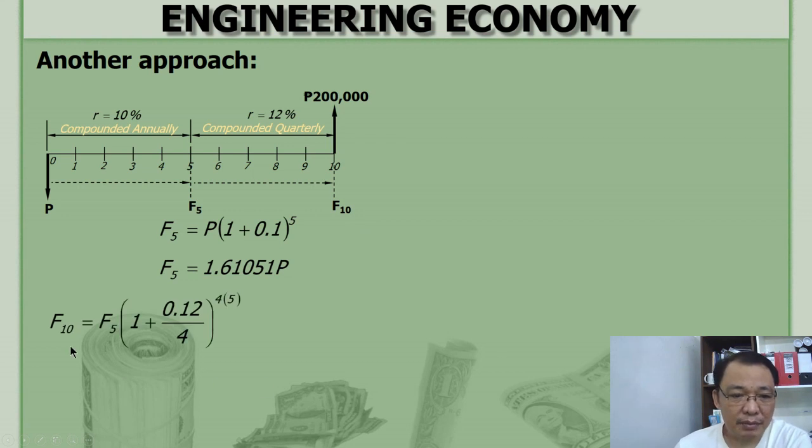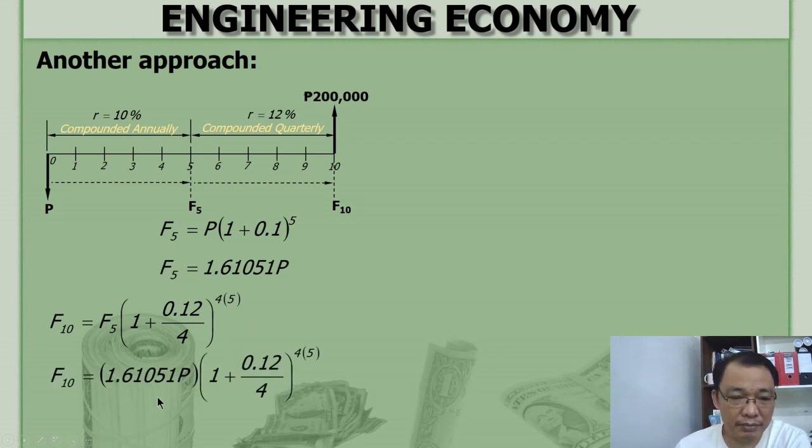What is this F10? Your F5 becomes P now, because it is the new present value of the future. So present, 1 plus your i is the nominal rate over 4 because it is quarterly, and then 4 times 5, which is 20.